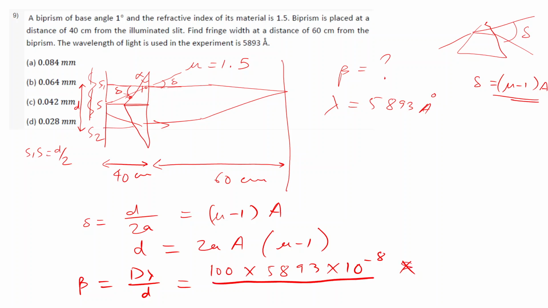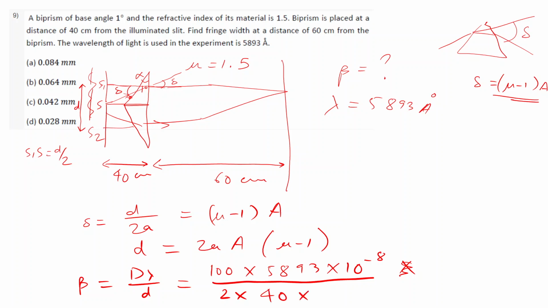Small d is 2 times a, and a is what? A is, d by 2a, which is this, which is 40. This is the a I was talking about, which is 40.